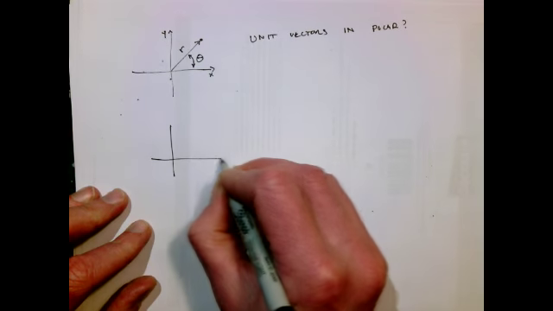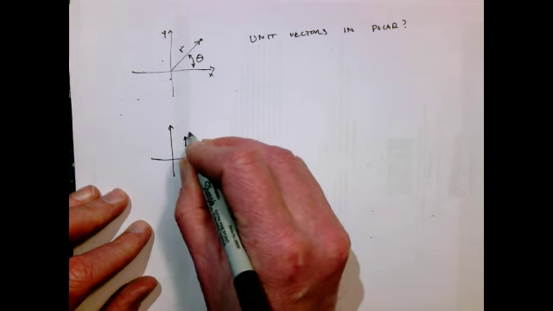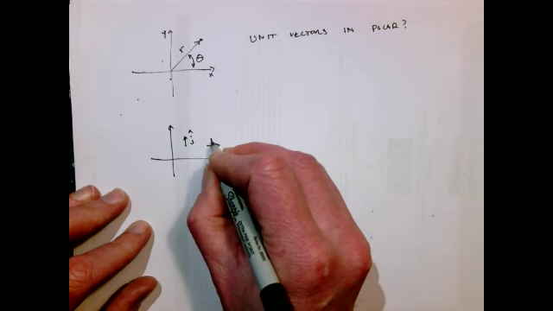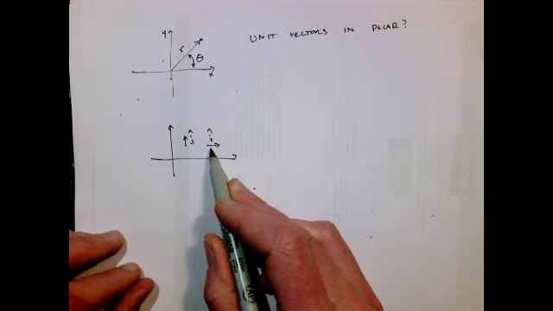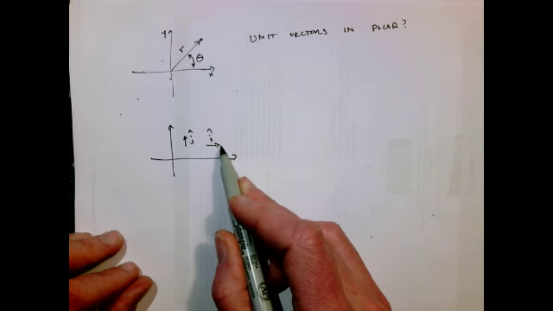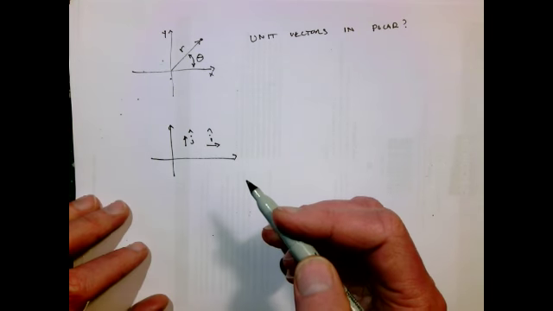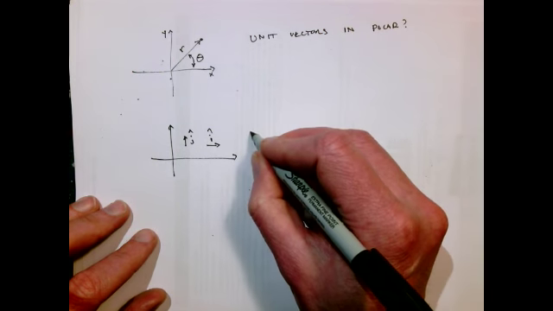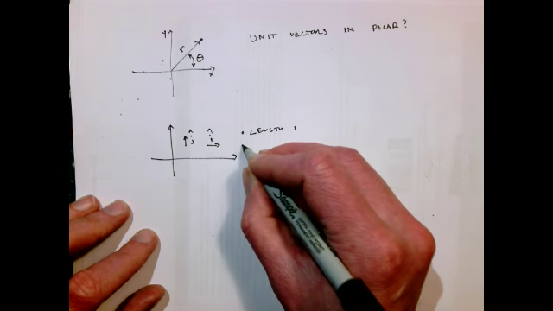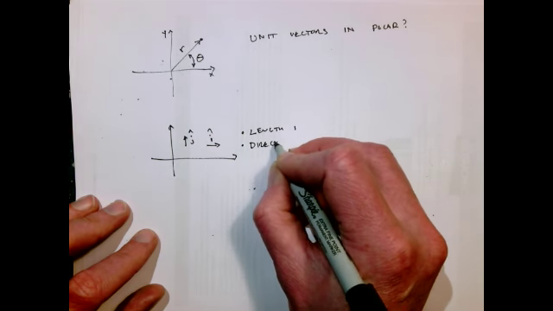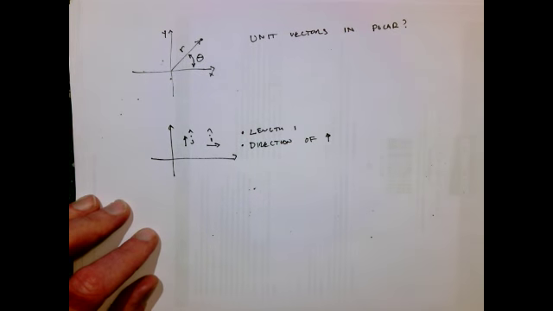If you talk about a Cartesian coordinate system, we have two unit vectors, i hat and j hat. i hat is a vector of length 1, a unit vector that points in the direction of increasing x, and j hat is a vector of length 1 that points in the direction of increasing y. So length 1 is one characteristic of a unit vector, and the direction is the direction of increasing whatever coordinate you're associated with.